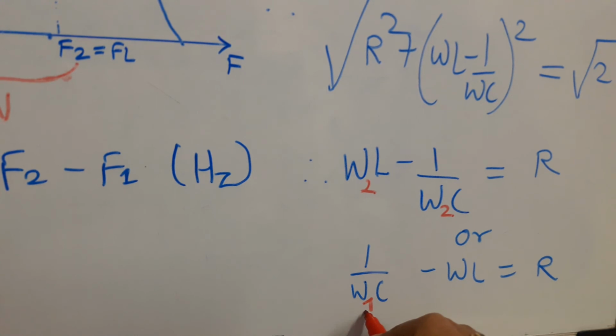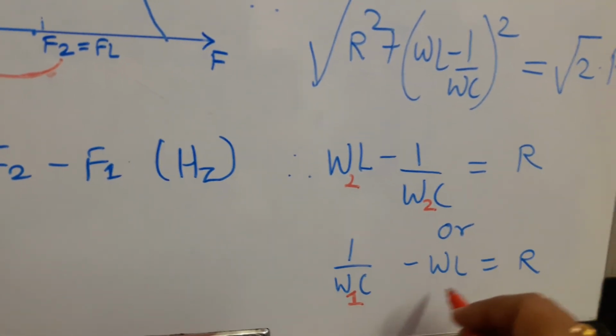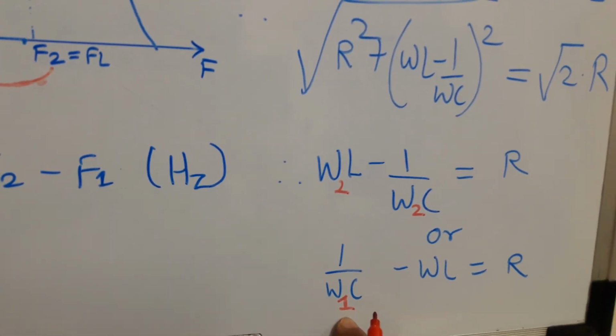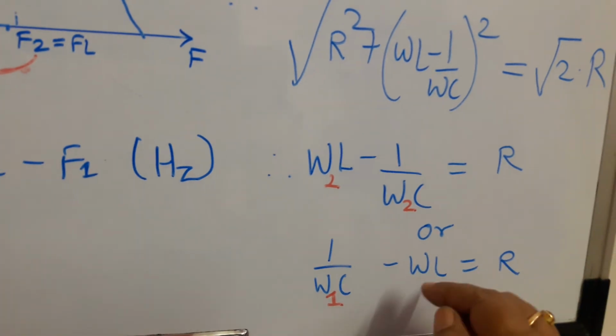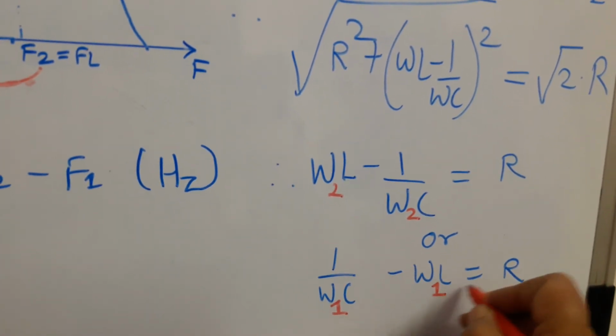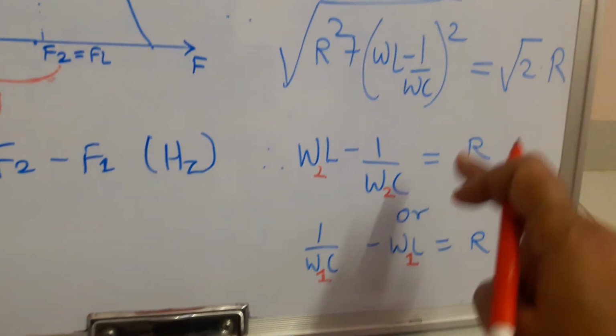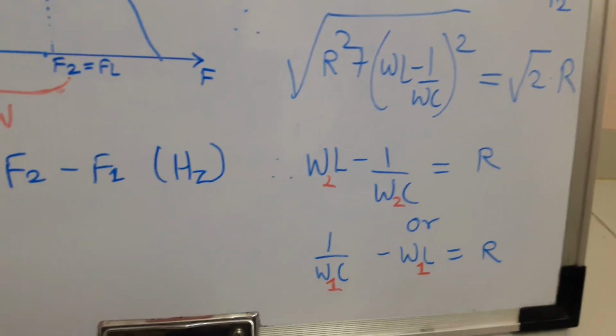This occurs on the left hand side of resonant frequency, so we attach suffix 1: 1 upon omega 1 C minus omega 1 L is equal to R. So with the help of these expressions, now we can derive the relation for bandwidth.